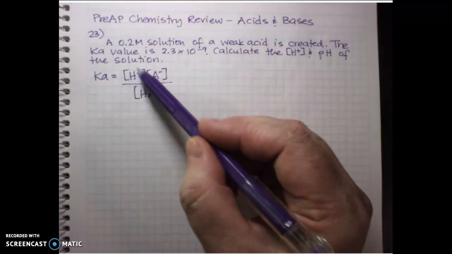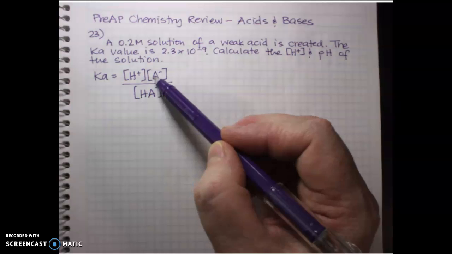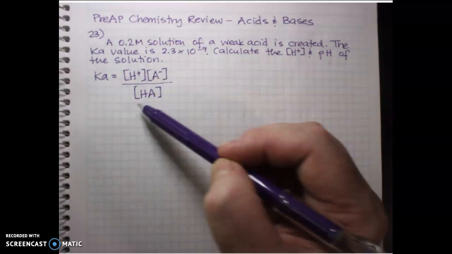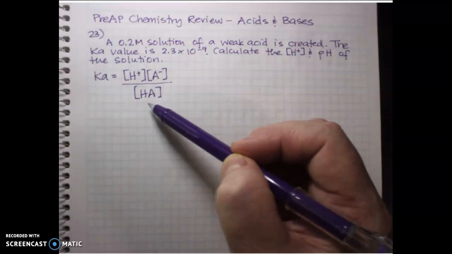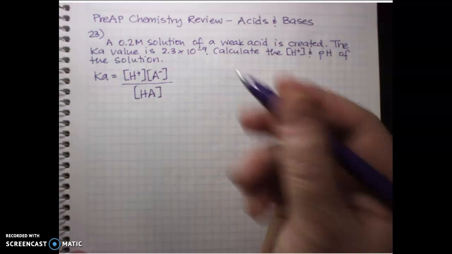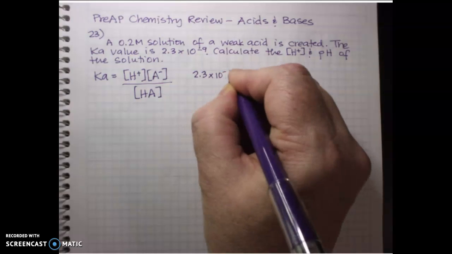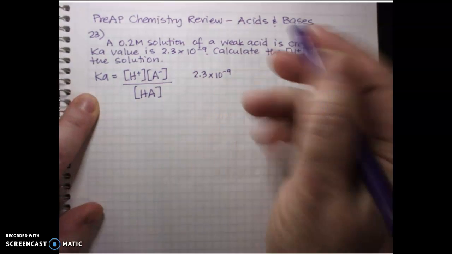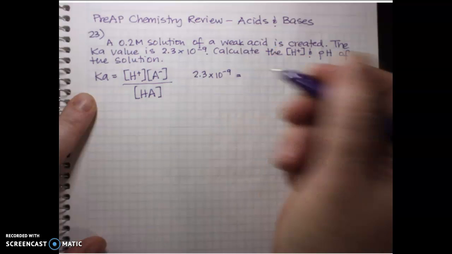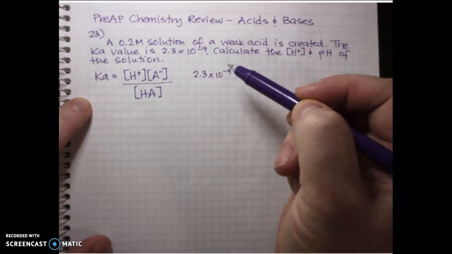Remember, that's our hydrogen, A can mean any anion, it makes no difference. And then this is just our generic acid. So we have 2.3 times 10 to the minus 9 as our Ka value, is equal to, now we need to figure that out.